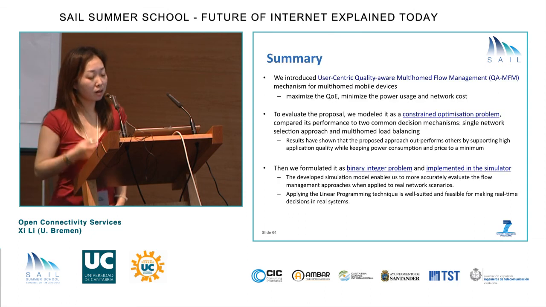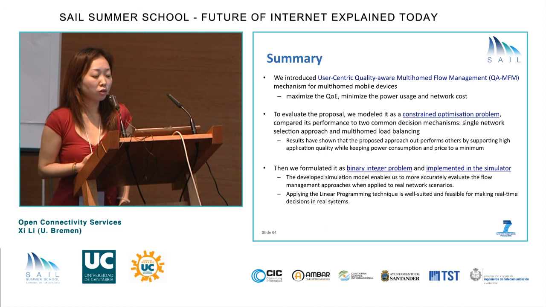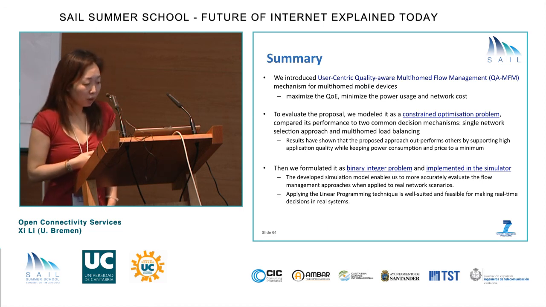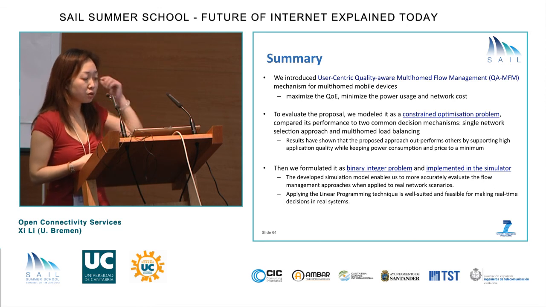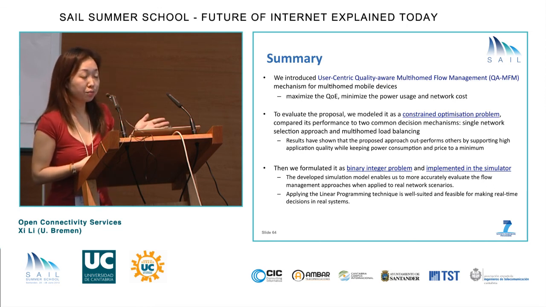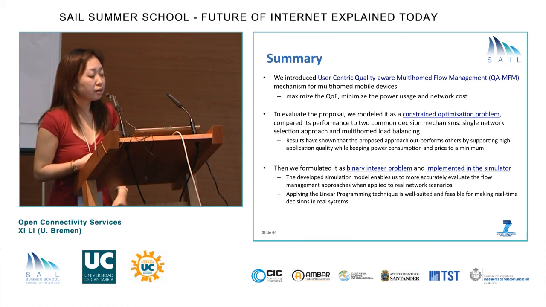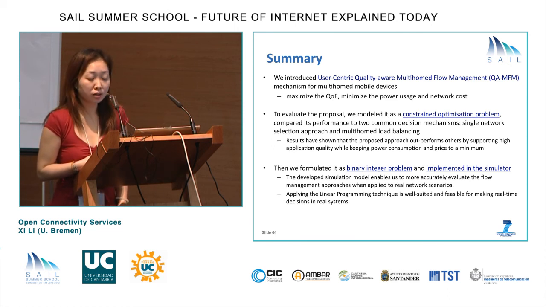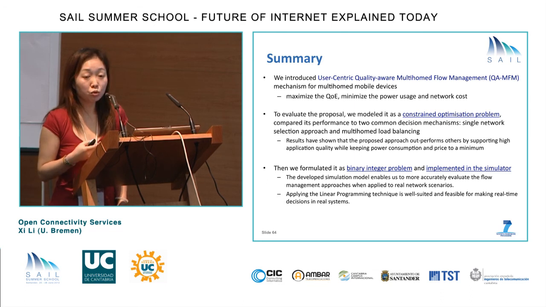So to summarize, what is the user-centric quality-aware management approach we are proposing? This approach tries to maximize the quality of experience of all the application flows of the user device and minimize the total power consumption and the total network cost. And we try to formulate the problem with two different methods.